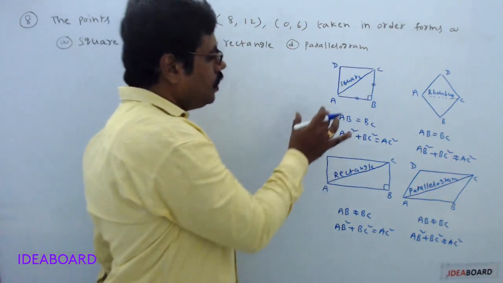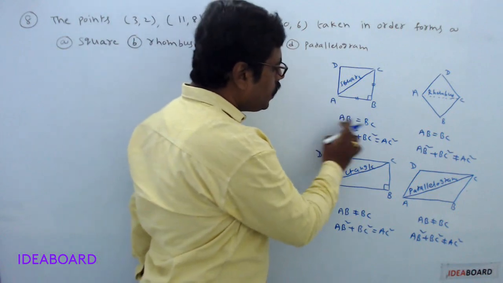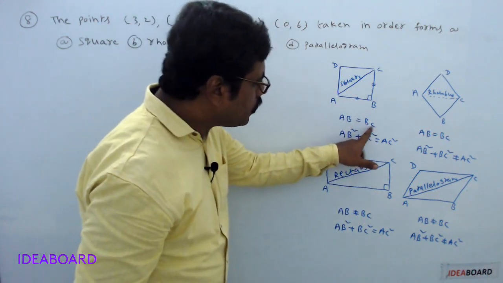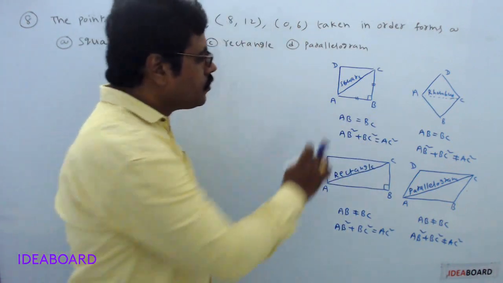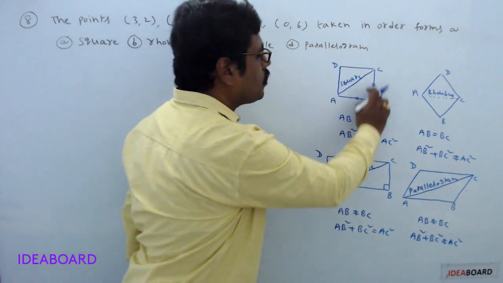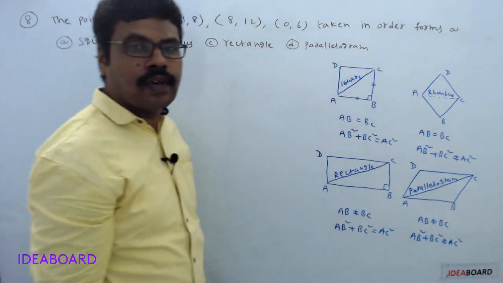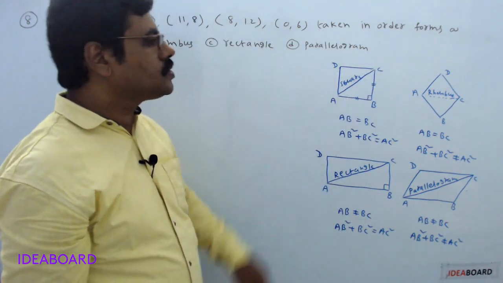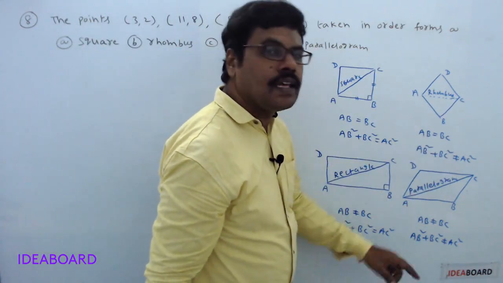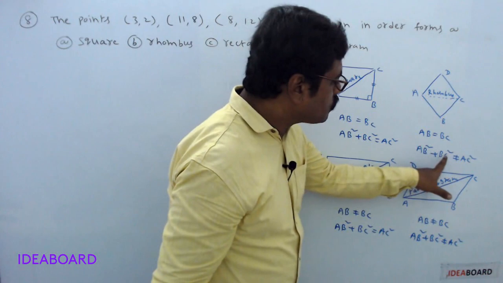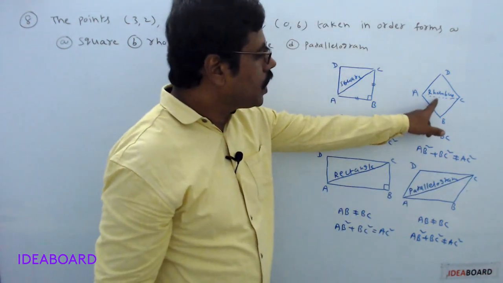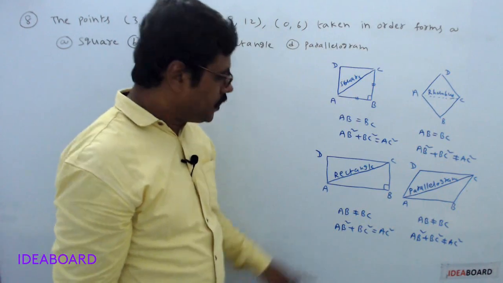First you calculate the values AB, BC and AC. If AB equals BC and AB square plus BC square equals AC square, your answer is a square. Suppose AB equals BC and AB square plus BC square not equal to AC square, it means your answer is a rhombus.